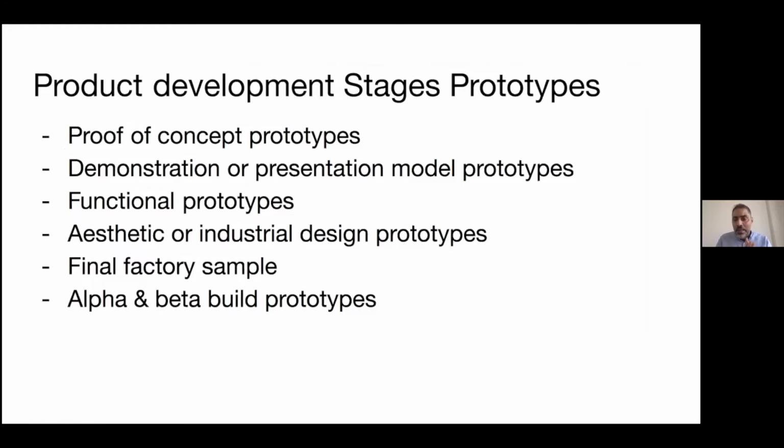So on the other hand, when we are producing a prototype in the different stages of product development, we start initially with a concept. We have an idea of something, and we are not sure if this idea is going to go further. So the first thing is we try to do a proof of concept. The first people we will show this idea to are our team members.